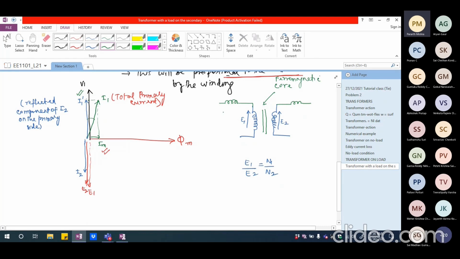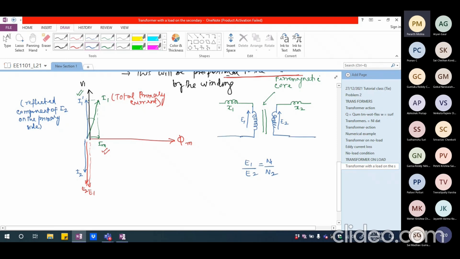Now we call this the leakage reactance drop corresponding to the primary winding, and this is the leakage reactance drop which is due to the secondary winding's leakage flux. So we call this X1, and we call this X2. We have assumed right now there is no resistance.